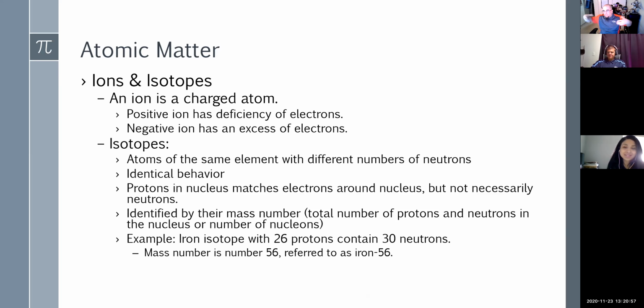So as those electrons are given up or absorbed, the atom becomes an ion. That's different than isotopes, right? Isotopes are atoms of the same element with a different number of neutrons. So the electrons and protons stay the same, but the nucleus itself is getting larger, right?